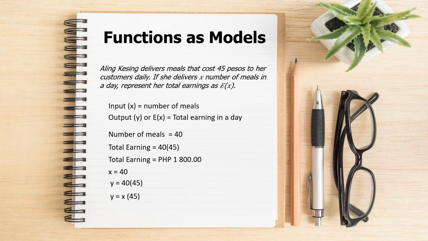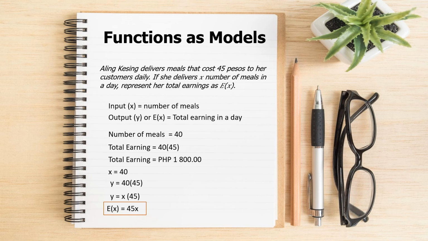45 will be your constant number because it does not change, while x is your input, which is independent or changing, and your y just depends on the number of meals delivered by Aling Kising.